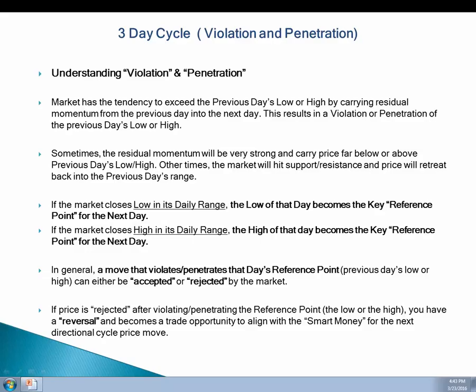Other times, price will reach and trade very near to the prior day's high or low, find support or resistance, not expand through it, and then retreat or reverse back into the range. So we're not talking about predictions of what's going to happen with the cycle.